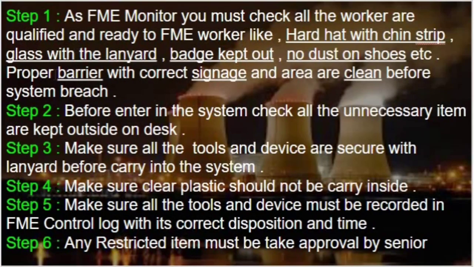So the first step is what the FME monitor will be responsible for. As an FME monitor, you must check that all workers are qualified, that they have a certificate and are ready to work in FME, with a hard hat with chin strap, glasses with a lanyard, badge, cap out, no dust on shoes, and so on. Proper barrier with correct signage, and the area must be clean before any system breach.